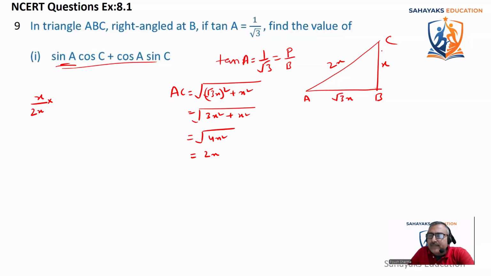So what is cos C? It is base by hypotenuse, that is x by 2x again. So it is x by 2x plus cos A. What is cos A? When you say cos A, it will be x by 2x. No, sorry, cos A will be root 3x by 2x. Let me clear it up.